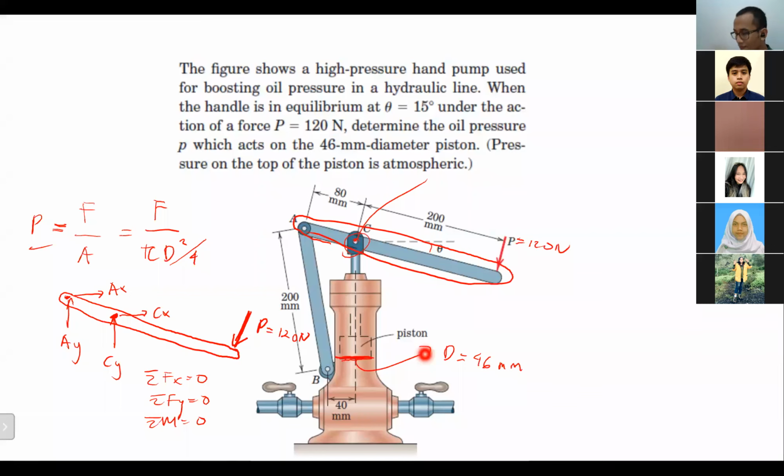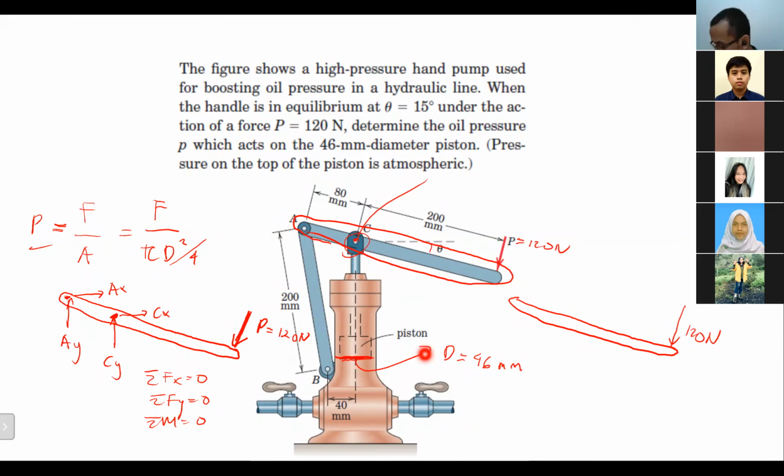But if from the beginning we analyze the members and we know that member AB is a two-force member, then our free body diagram becomes like this. And 120 Newton there. Sorry.